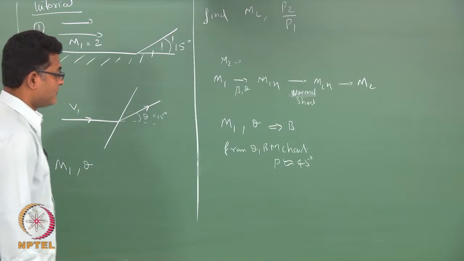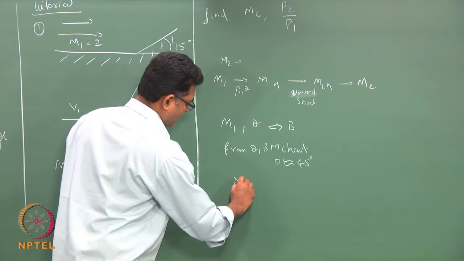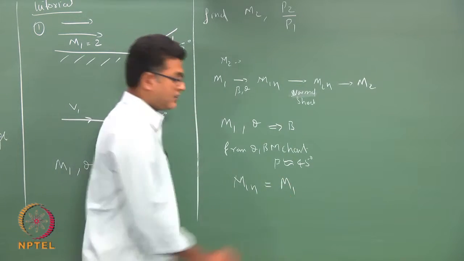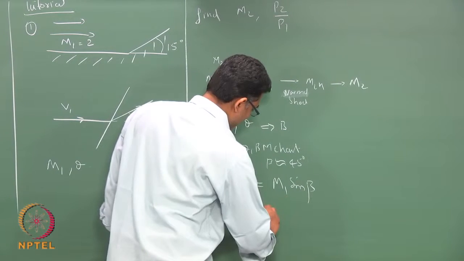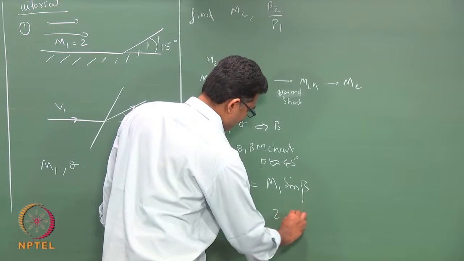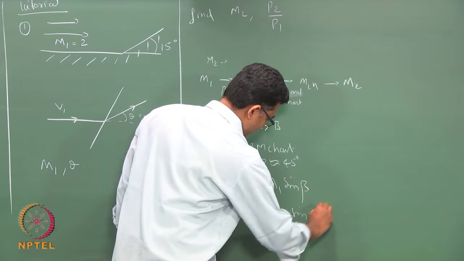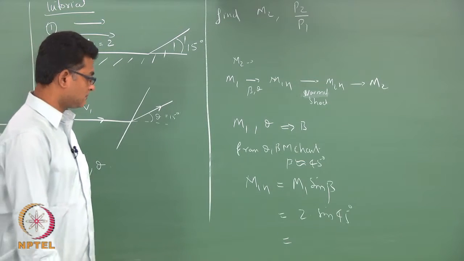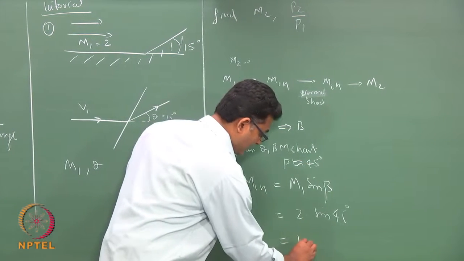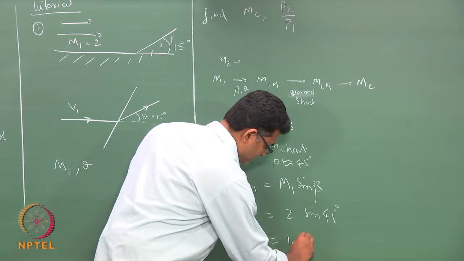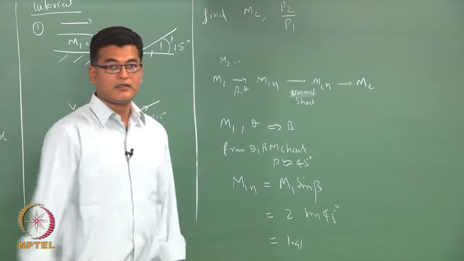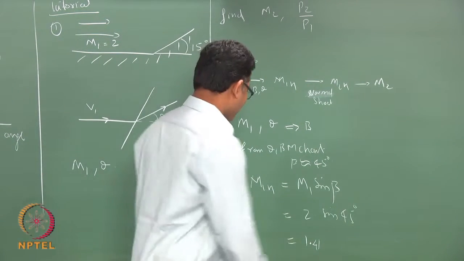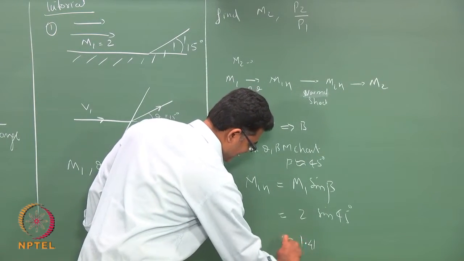If I know the beta, I can compute my M1n as M1 sin beta. So, this is 2 sin 45, which would be around 1.4.